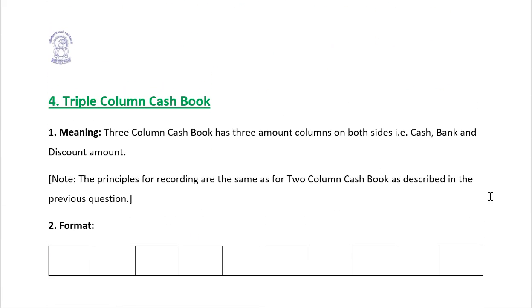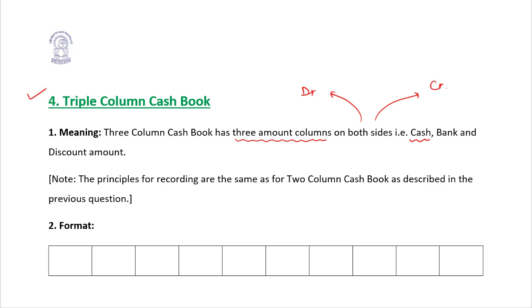Let's move ahead now. Let's see triple column cash book. Triple column cash book has three amount columns on both the sides. Debit side on the left hand side and credit side on the right hand side.